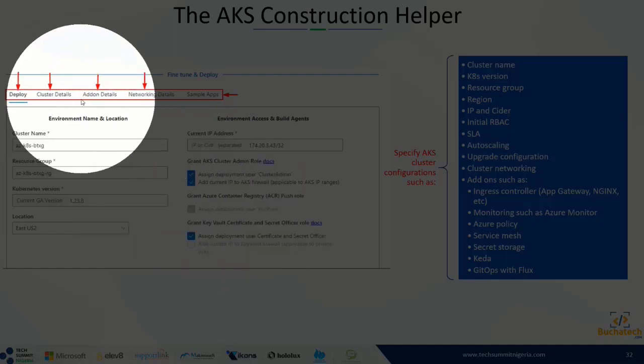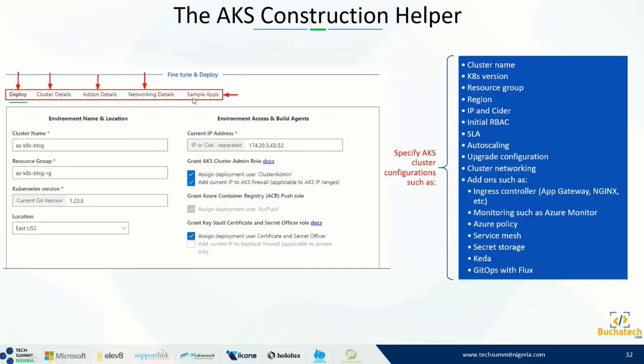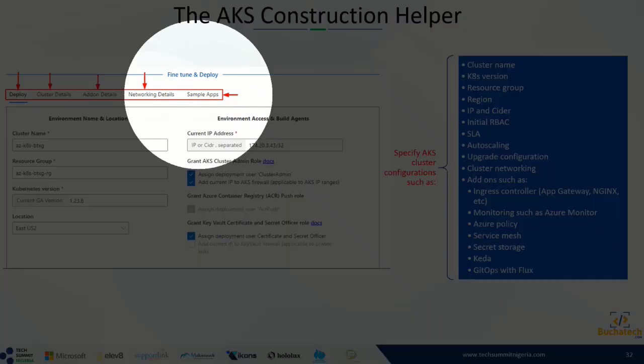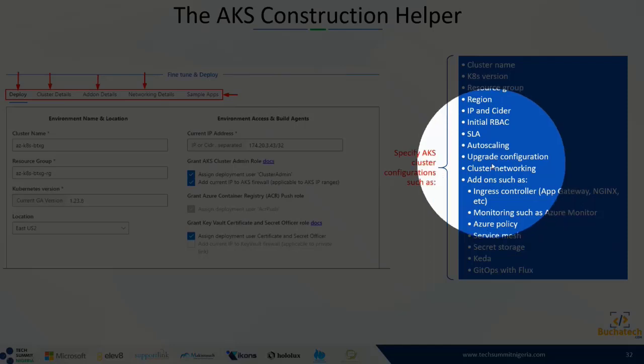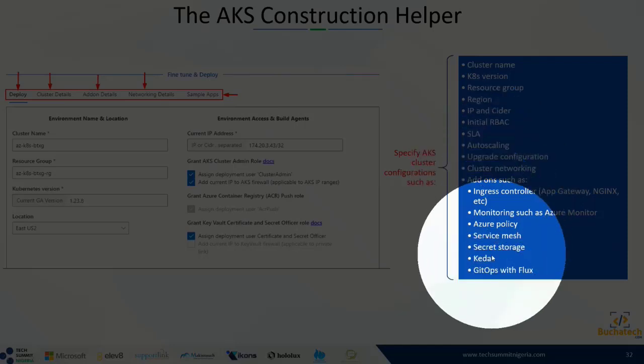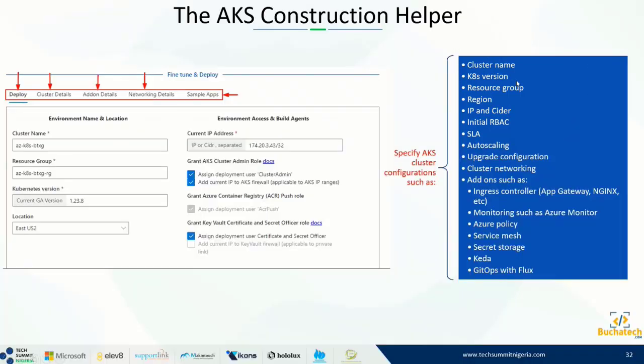And then you have these different tabs for configuring the different configuration aspects of your cluster. And there's just a short list of the things that you would configure. And again, these are all things that you need to think about when you're deploying Kubernetes. And I said Kubernetes, not just AKS, because those are things you need to think about, even if you were to go deploy Kubernetes on AWS or GCP or even on premises.